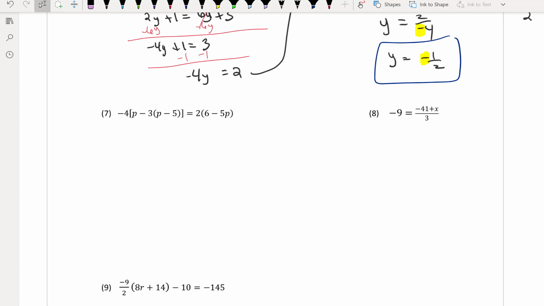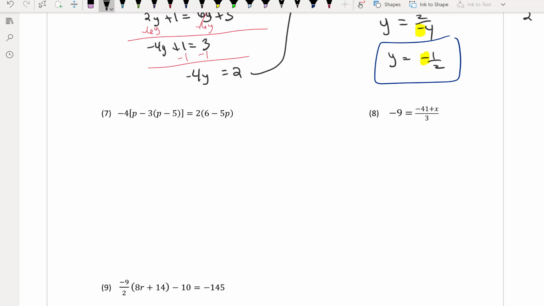So now for number 7, I am going to distribute a negative 4 because my goal is to solve for p. Well, actually, I have the grouping symbols, so I have brackets and I have parentheses. So from order of operations, since the grouping symbols are the same thing, the parentheses and the brackets, I'm going to work from inner to outer.